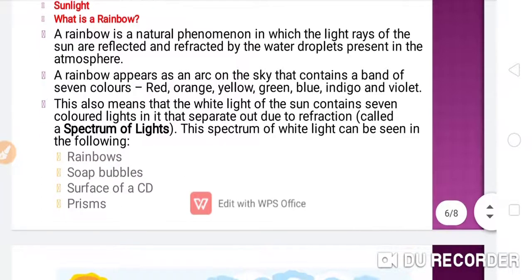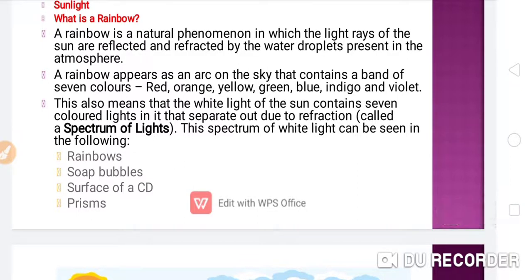A rainbow appears as an arc in the sky that contains a band of 7 colors: red, orange, yellow, green, blue, indigo, and violet. Collectively, we know all these colors as VIBGYOR.